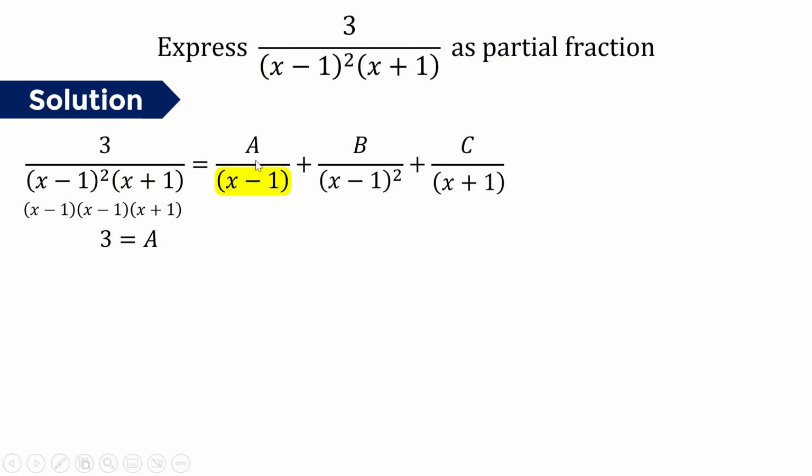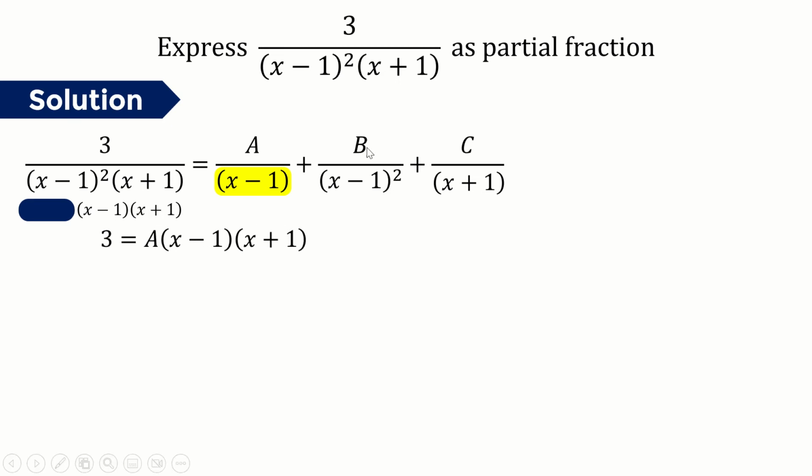So the denominator for A is (x minus 1). We want to know what A needs to be multiplied by, so we cover one factor (x minus 1) here, and what is left is what we need to multiply by A. So A needs to be multiplied by (x minus 1) times (x plus 1).